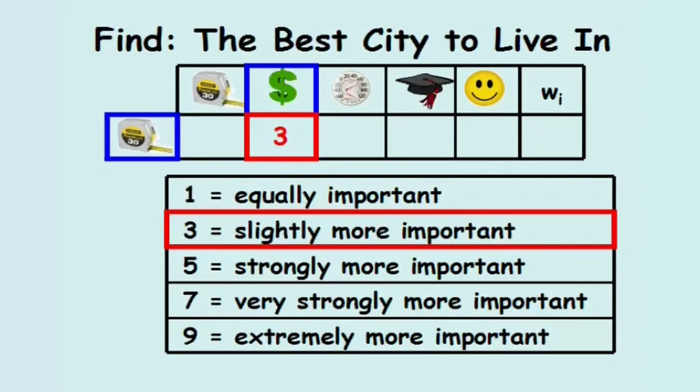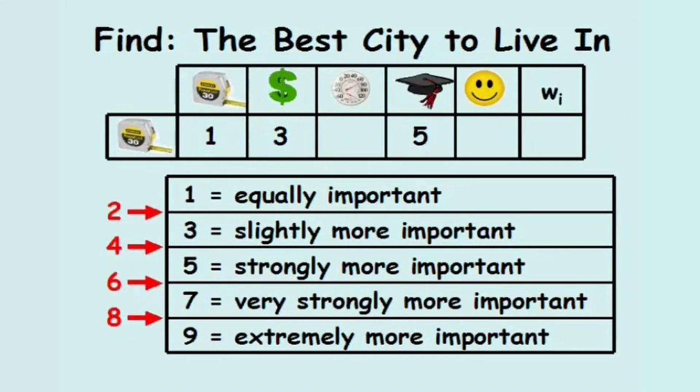If distance is strongly more important than quality of education, then a 5 is entered into the common cell. Any criterion compared with itself is equally important and gets the number 1. The numbers 2, 4, 6, and 8 are also used as intermediate strengths of importance between the odd numbers.